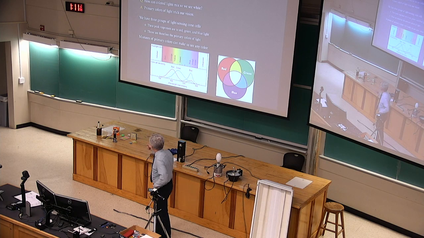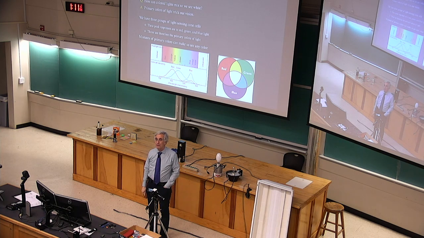It's an approximation. But our red sensitive cone cells see primarily light. They're most sensitive to light at 600 nanometers, which is in the red, and they go out as far as about 700. Oddly, they have a little bit of a sensitivity to the violet end of the light spectrum as well.